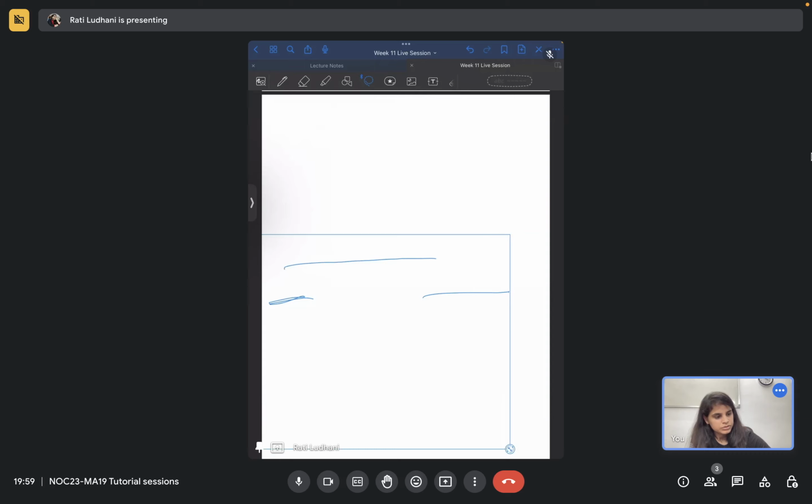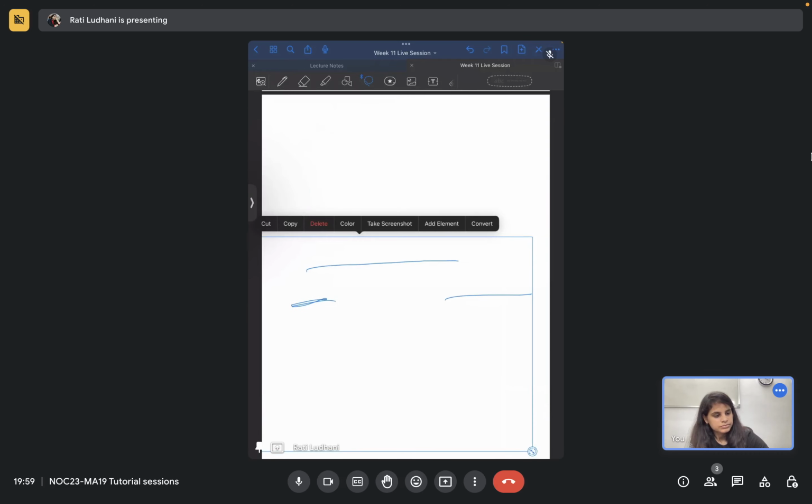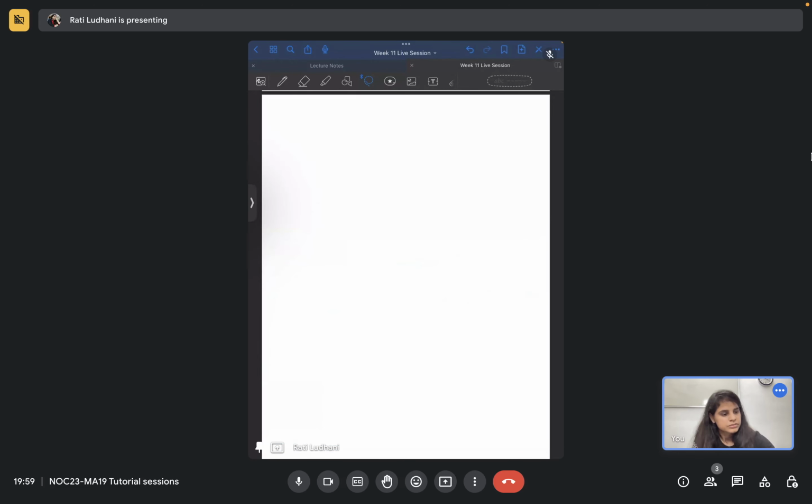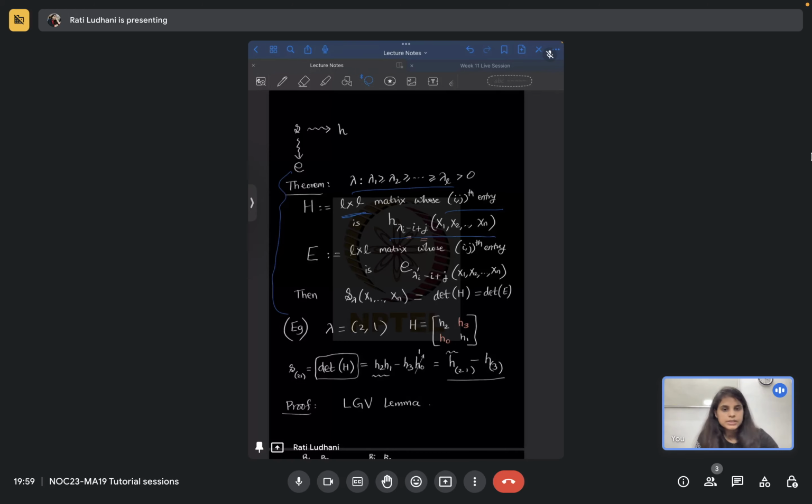Anyway, the lines will be selected only. Okay, no problem. So what I want to say is, if you are given lambda of this kind, then H is an L cross L matrix whose ijth entry is h lambda i minus i plus j, where h is your homogeneous symmetric polynomial in x1 up to xn.